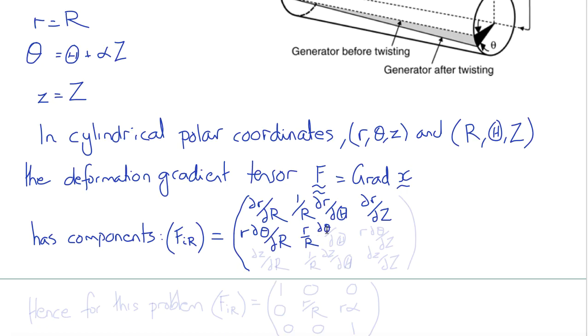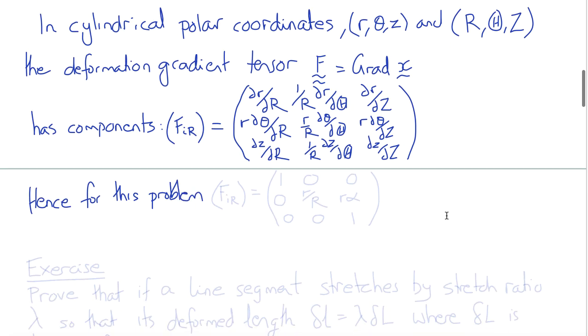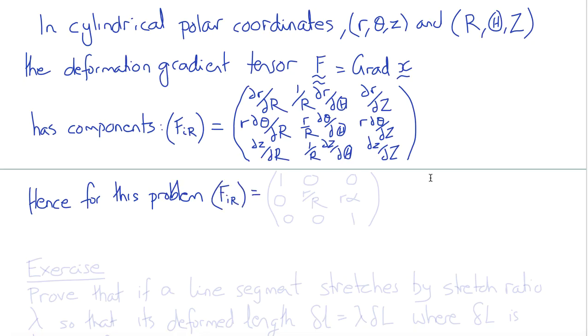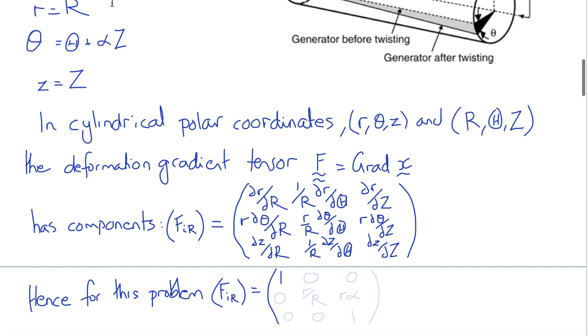Then r d little theta over big R d big Theta, r d theta over dZ, then dz dR, 1 over R, dz d capital Theta, d little z d big Z. So you can see the only difference here is that wherever there was a d theta, there's an r associated with it, and that's because an element of length in the circumferential direction isn't d theta, it's r d theta in polar coordinates.